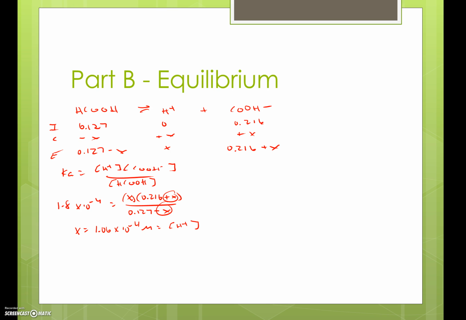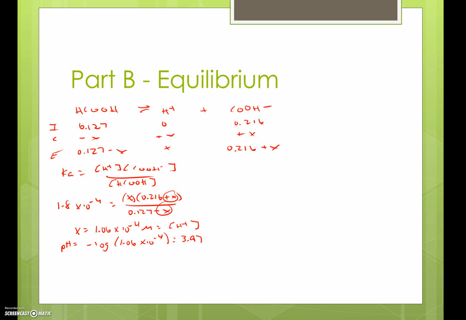Since that equals our hydrogen ion concentration, we can go ahead and figure out our pH. So our pH will equal the negative log of 1.06 times 10 to the minus 4, which is going to give us 3.97. Now let's compare that number to a couple of things. First, go back to where we calculated the pH of the buffer solution all by itself.